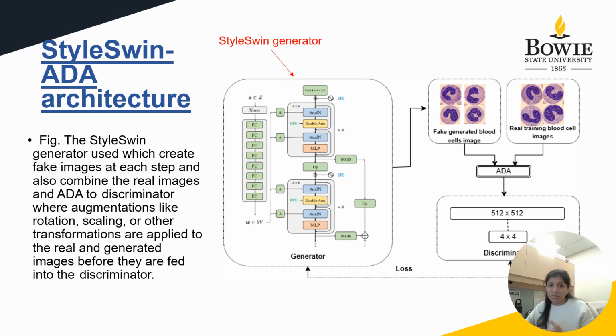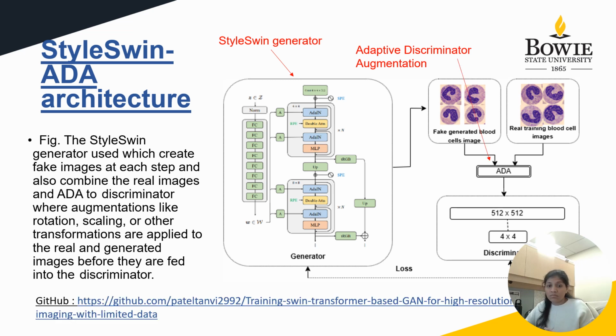And the generator creates fake images and also combines the real images with the ADA, where ADA stands for Adaptive Discriminator Augmentation, where augmentations like rotation, scaling, and other transformations are applied to real and generated images before they are fed into the discriminator.